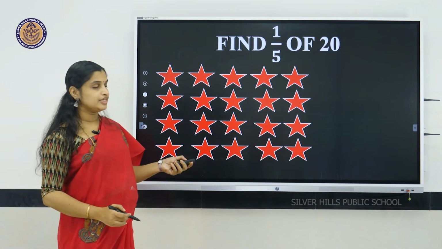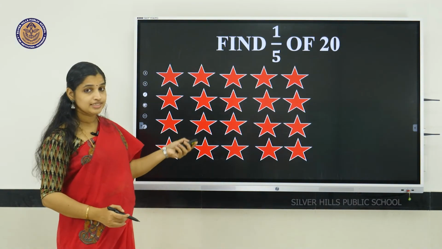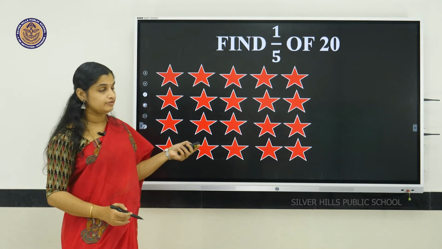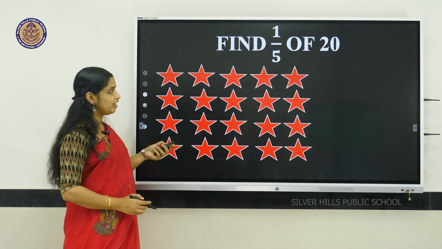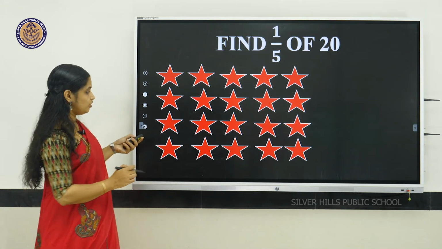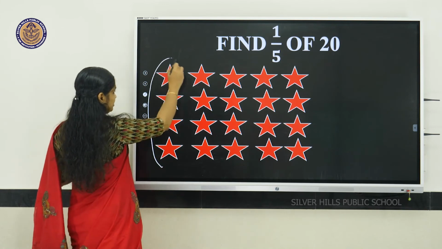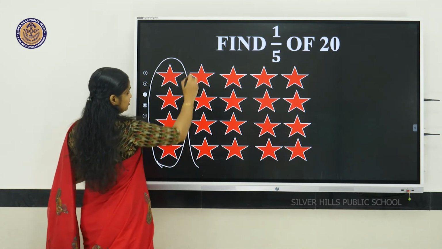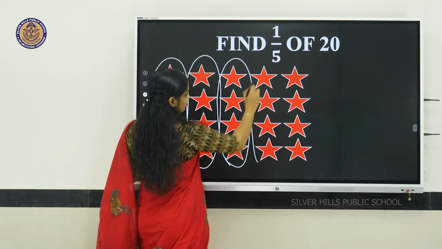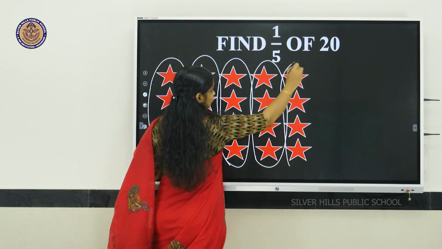Now see the next figure. Here you can find 20 stars and we have to find 1 by 5 of 20. So we have to divide these stars into 5 equal groups. So I am going to divide like this, 1, 2, 3, 4, 5.